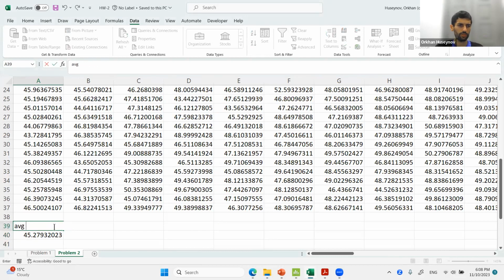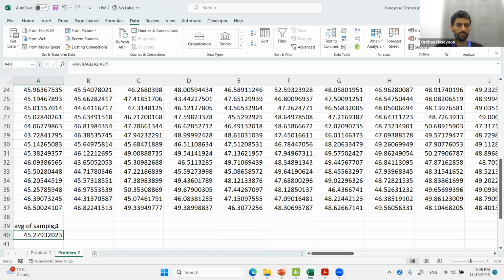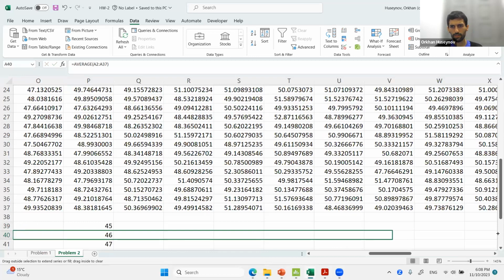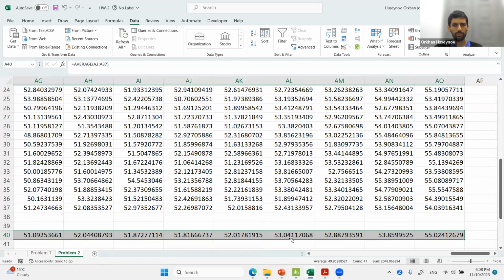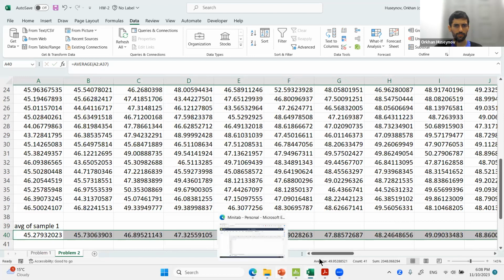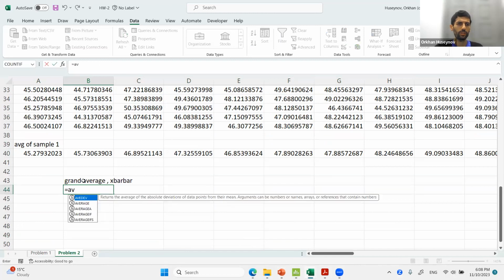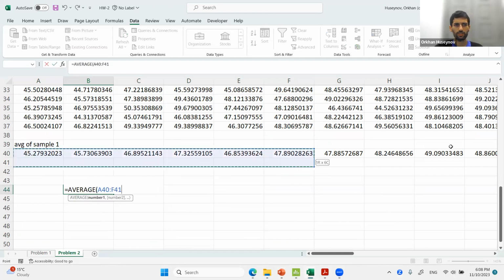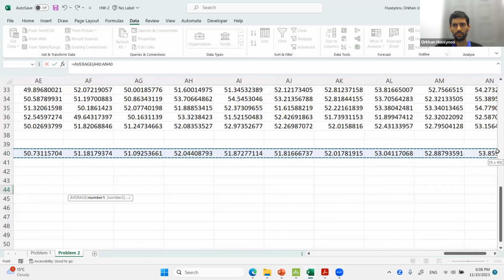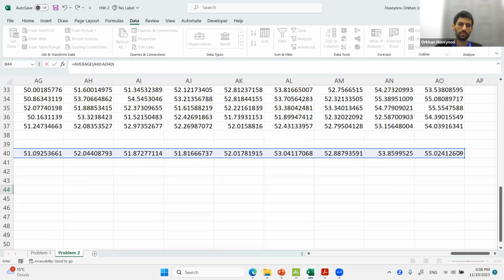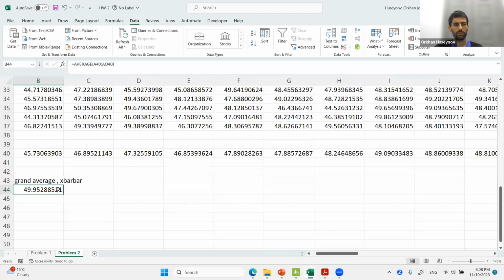So let's put it as average of sample 1. I will do the same for all of my samples. And then I will find the average of all the samples. Okay. This is the first part of it. Second part is the grand average, or we have the X bar. That one will be the average of the averages here. Okay. So this one is the grand average. So the first part of the question has been solved.